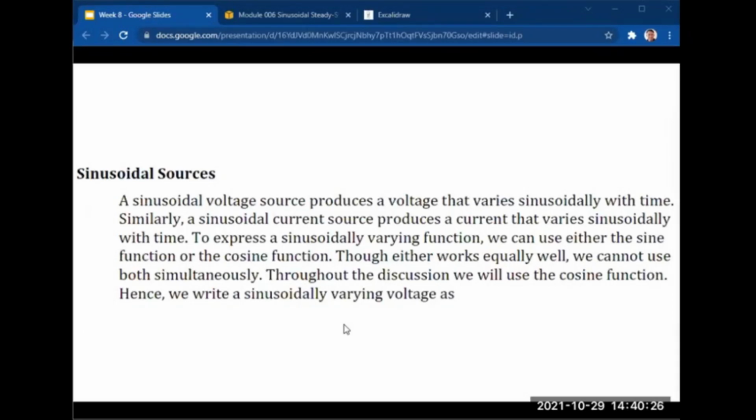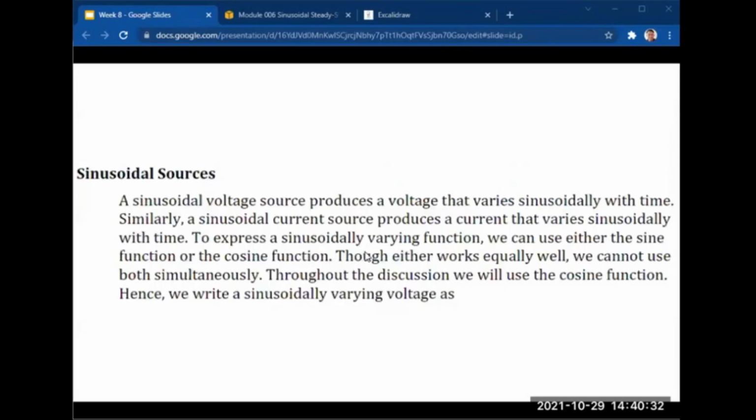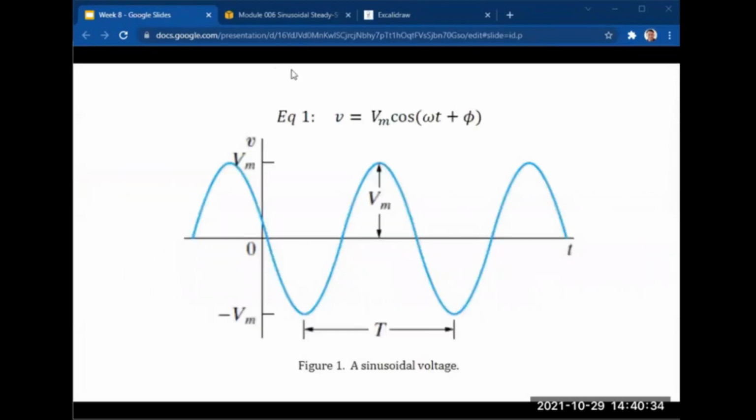Hence, we write the sinusoidally varying voltage as, so this will be the working equation of our sinusoidal varying voltage: V, the instantaneous voltage, is equal to Vm, the maximum voltage, times cosine of omega t plus phi.